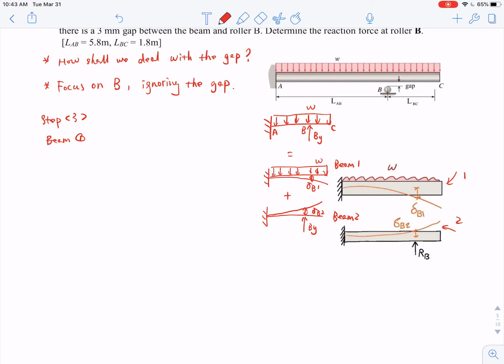So the delta B1 can be calculated using equation number 30. That will be Wx squared over 24 EI by 6L squared minus 4Lx plus x squared.